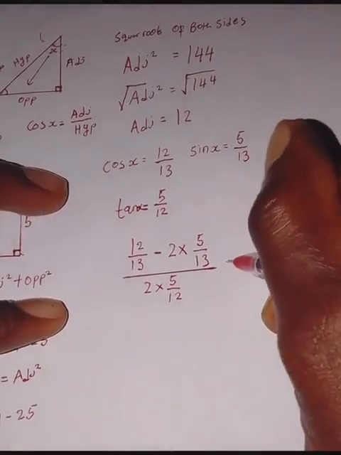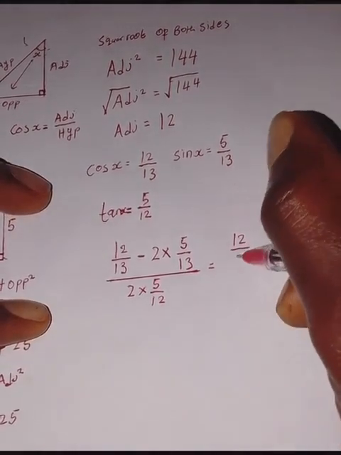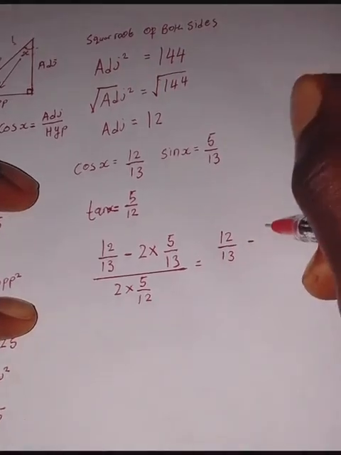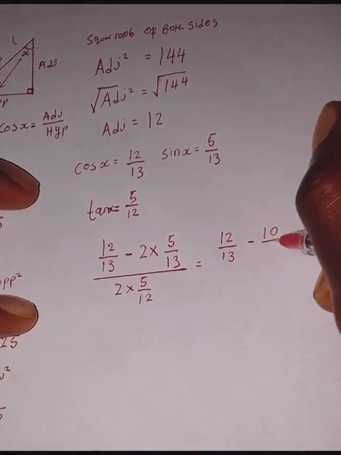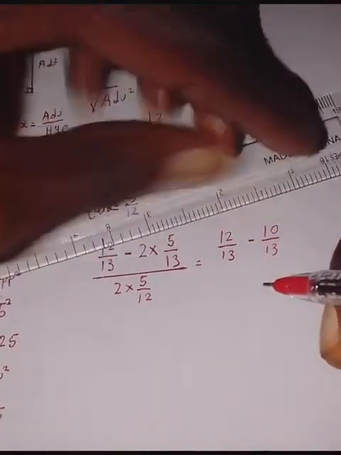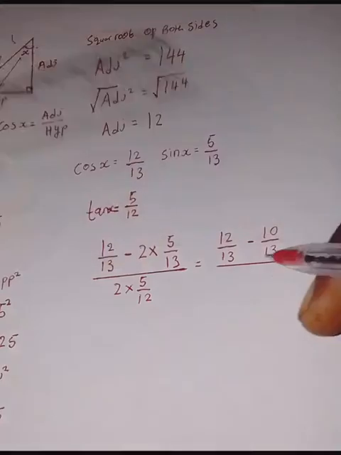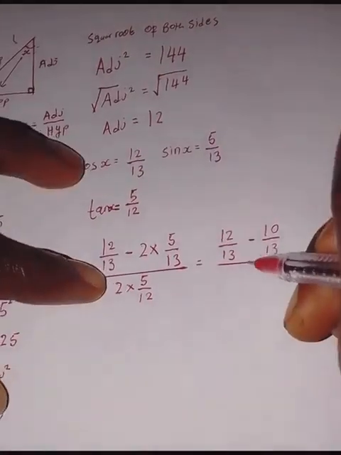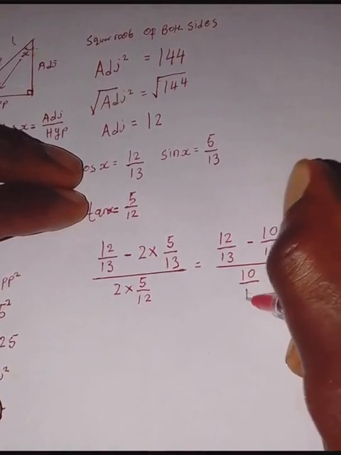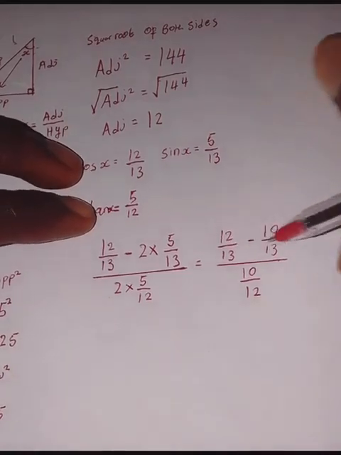So it becomes 12 over 13 minus 10 over 13, everything over 5 times 2, which is 10 over 12. So from here now, we find the LCM.